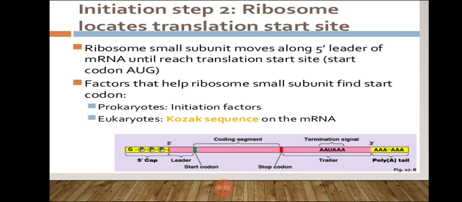We have studied that there are 2 subunits. The smaller subunit of the ribosome attaches at the 5' end of mRNA. You can see here the 5' end. The initiator codon AUG is present at the 5' end, which initiates the process of translation. Then the initiator tRNA binds with the initiation codon AUG by its anticodon UAC. For this process there is an initiation factor which helps them.